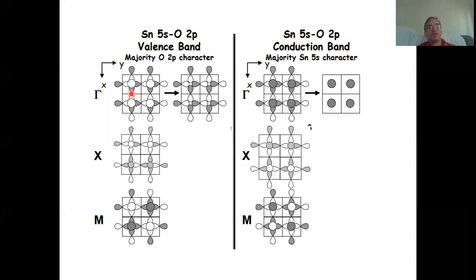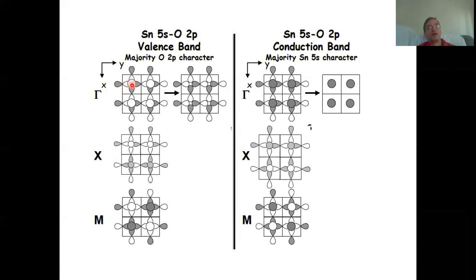Okay, so now for these oxygen atoms here, the px orbitals would be able to make orbital overlap with the tin 5s. And for these oxygen atoms that actually sit here, the py orbitals would be able to provide sigma orbital overlap with the tin 5s.